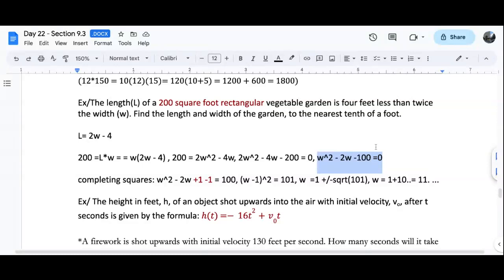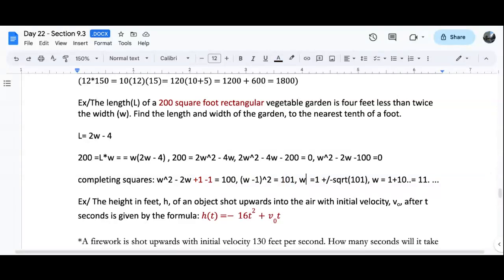Now you may try factoring, or you may try completing the square, or you may use the quadratic formula. If you're completing the square, you have W squared minus 2W, and you want to add 1 and subtract 1 to make W minus 1 in parentheses squared. Because we add 1 here, we need to add 1 on the other side. So 100 becomes 101.